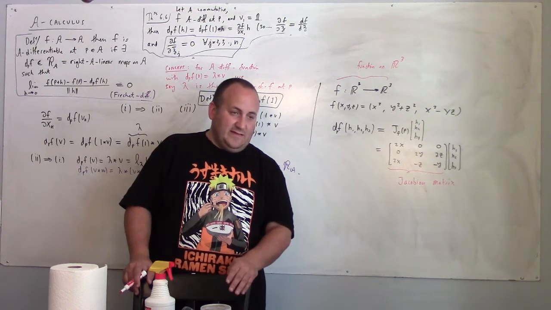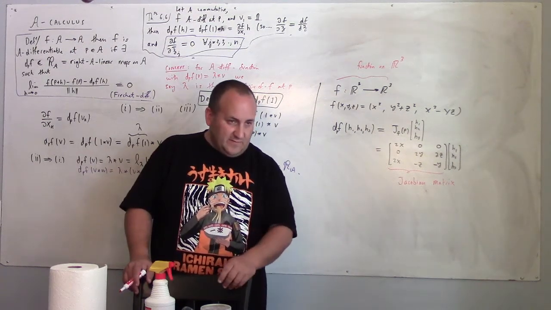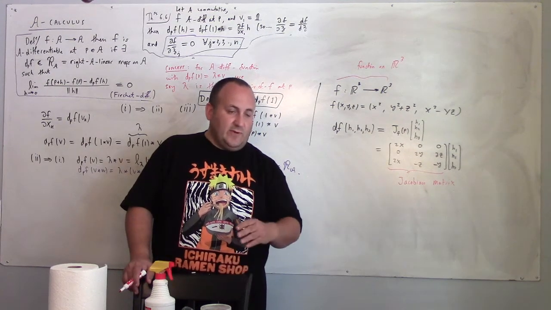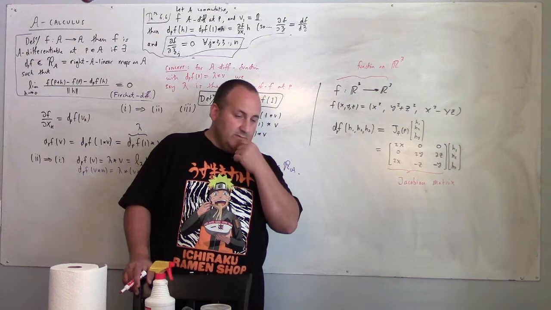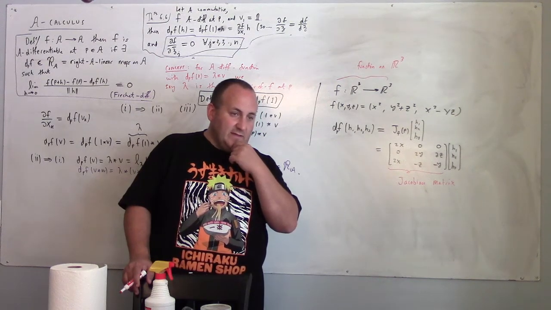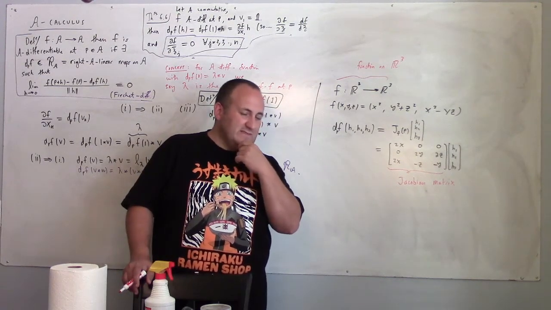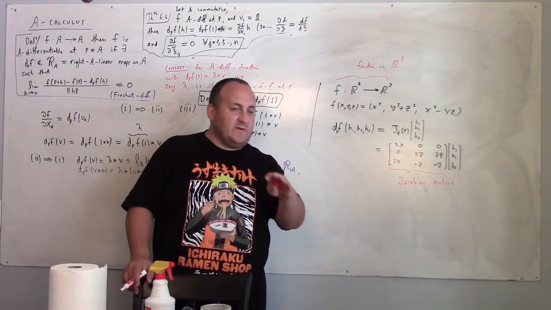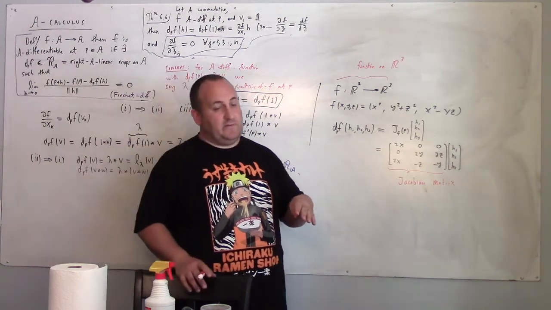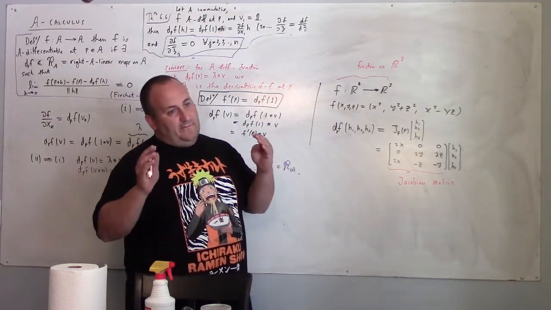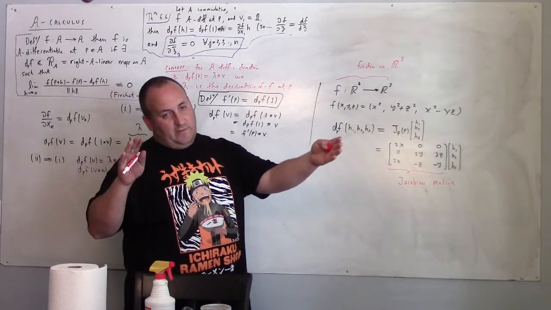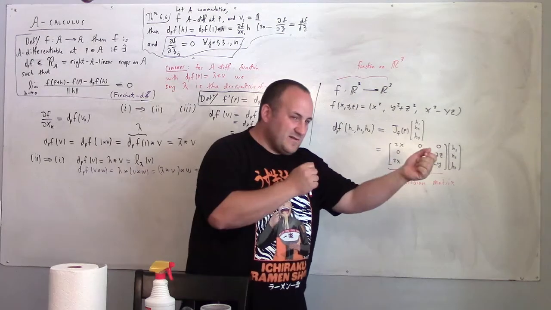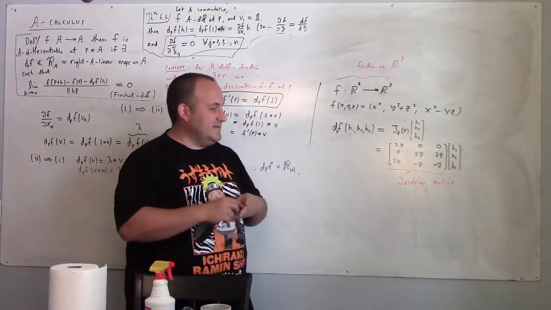Or when you're looking at functions from Rn to R, the derivative is taken care of by the gradient vector. But you start to see in calculus 3, if you were paying attention, that for a function of more than one variable, the derivative is not again a function. There's this gradient vector.